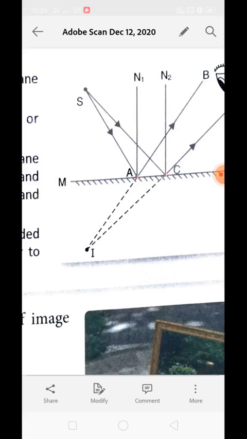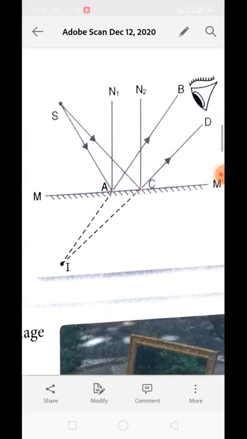So the image is virtual in nature. The person sees the object in a straight manner, the image is not inverted, so the image is erect. The image is also laterally inverted.